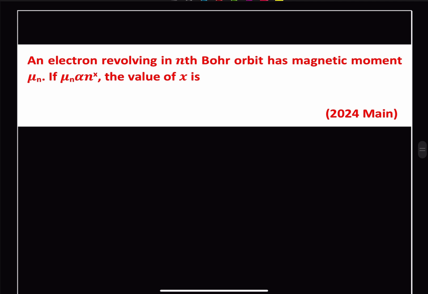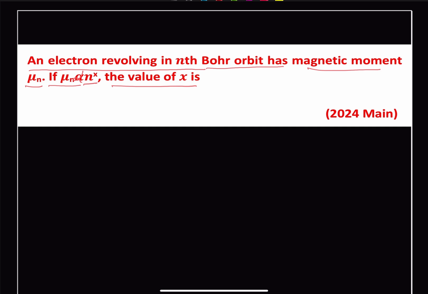It states that an electron revolving in the nth Bohr orbit has a magnetic moment mu of n. If mu of n is directly proportional to n raised to power x, then the value of x is. Okay.